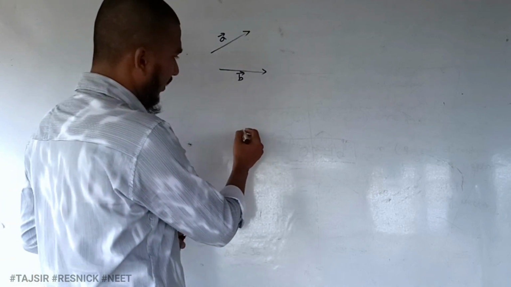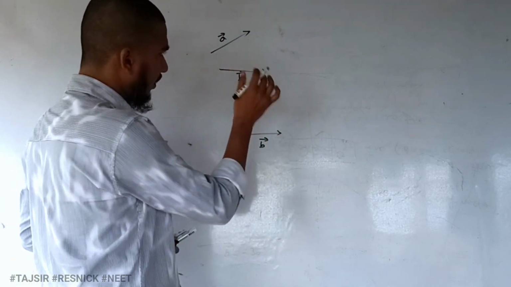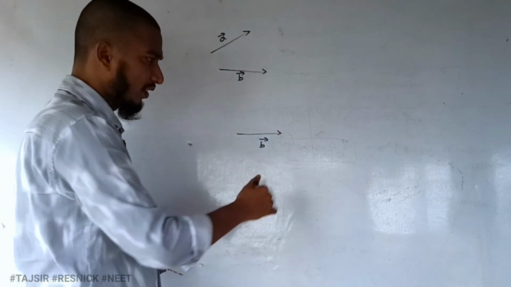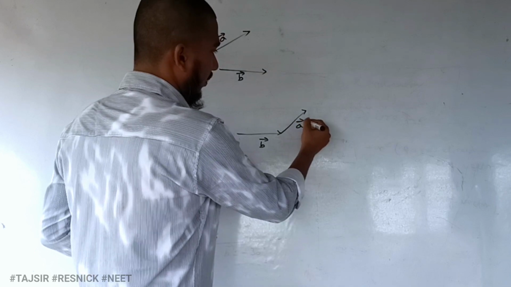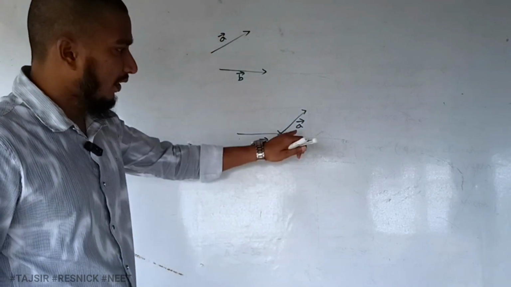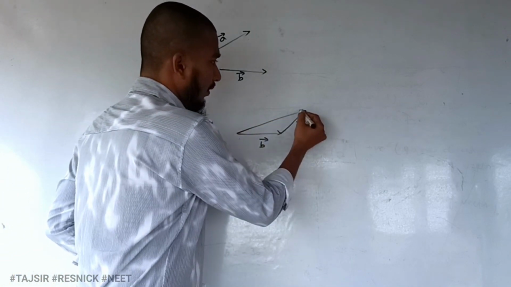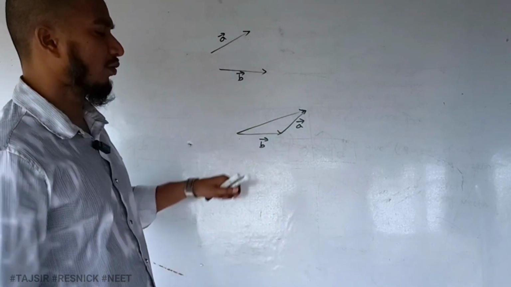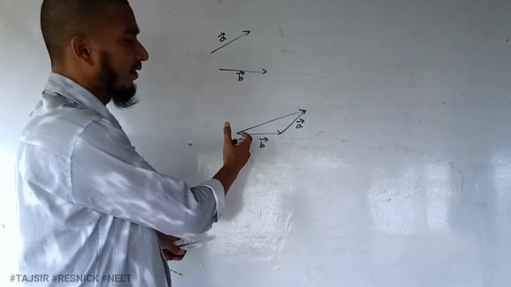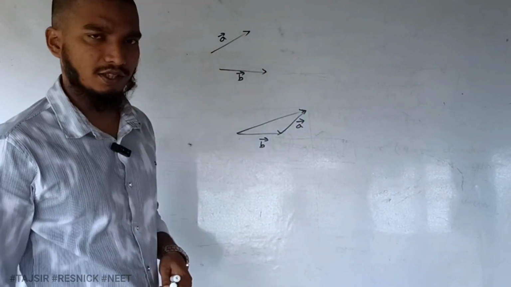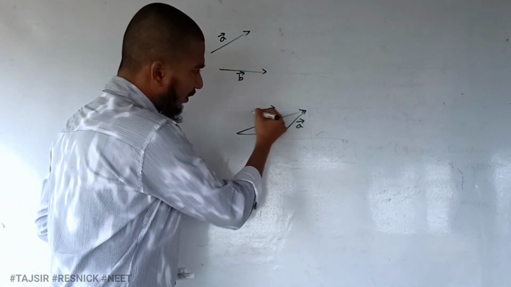One of them is that we take a vector, say B, and put the vector A in such a way that the tail of vector A touches vector B. We have this new line which starts from the initial point of the first vector and ends at the final point of the second vector, and this gives us A plus B.